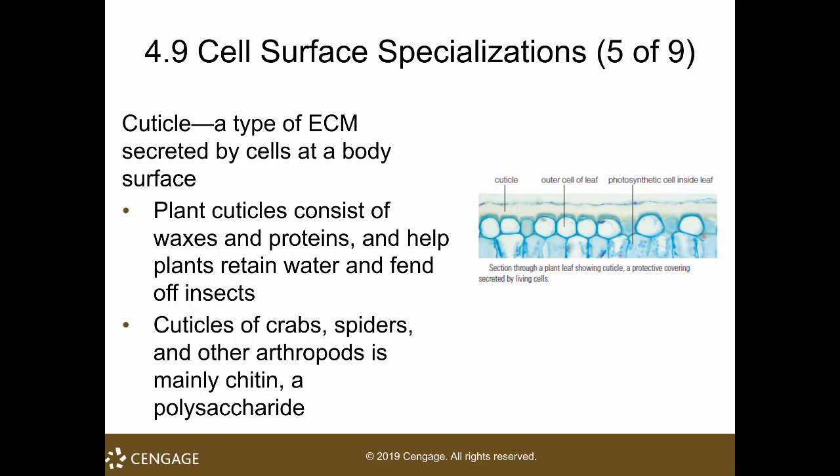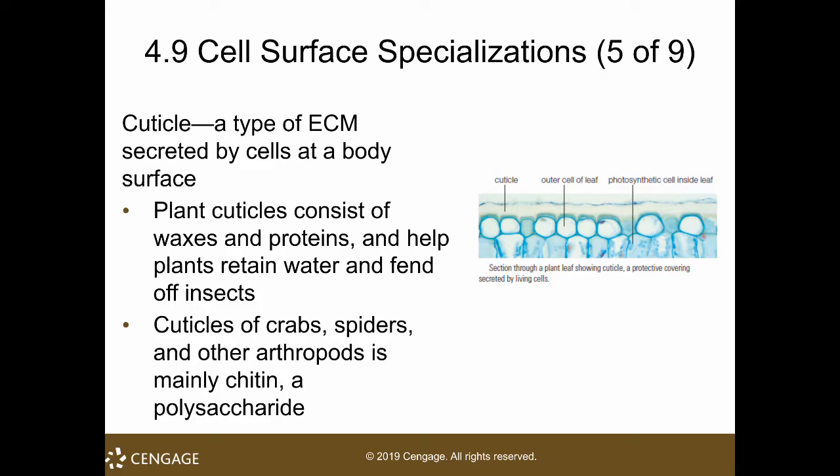Now the cuticle is a type of extracellular matrix secreted by cells at the body surfaces. We have plant cuticles consisting of waxes. If you remember the lecture on biomolecules, waxes are esters of very long chain alcohols with long chain fatty acids.